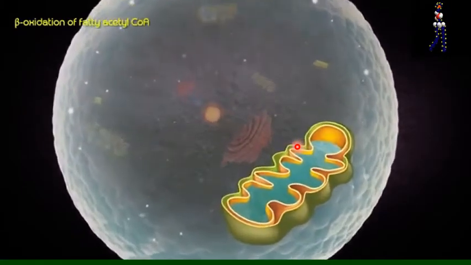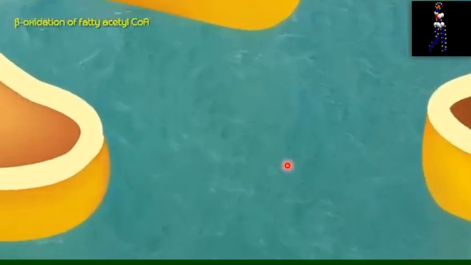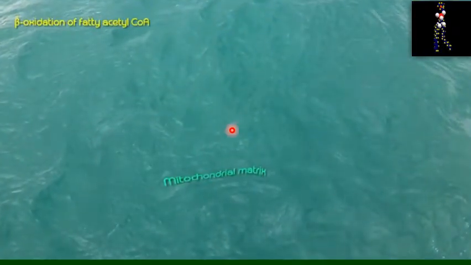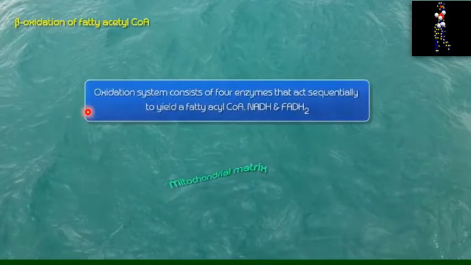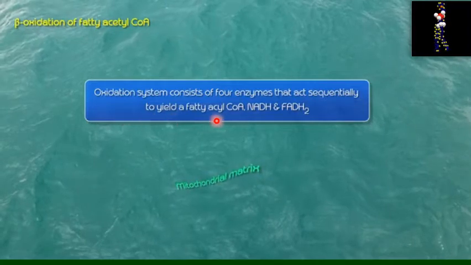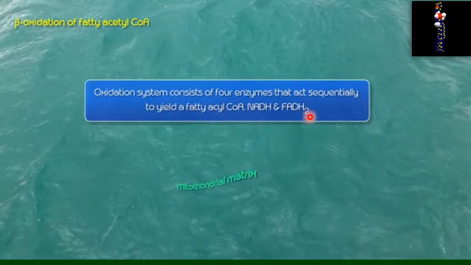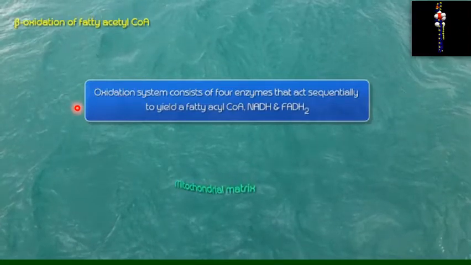So what is happening in the beta oxidation of fatty acyl coenzyme A? Now let's see. This is the mitochondrial matrix. As you can see, the oxidation system contains four enzymes that act sequentially to yield acetyl coenzyme A, NADH, and FADH2. We will see these reactions step by step.